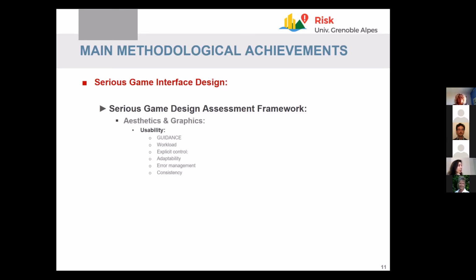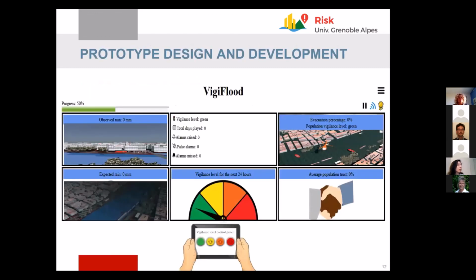In HCI, we are trying to minimize the errors that can occur to a user. But in a serious game, we are going to manage that, because we are trying to challenge the user. So for the serious game design, we defined different types of stimuli.